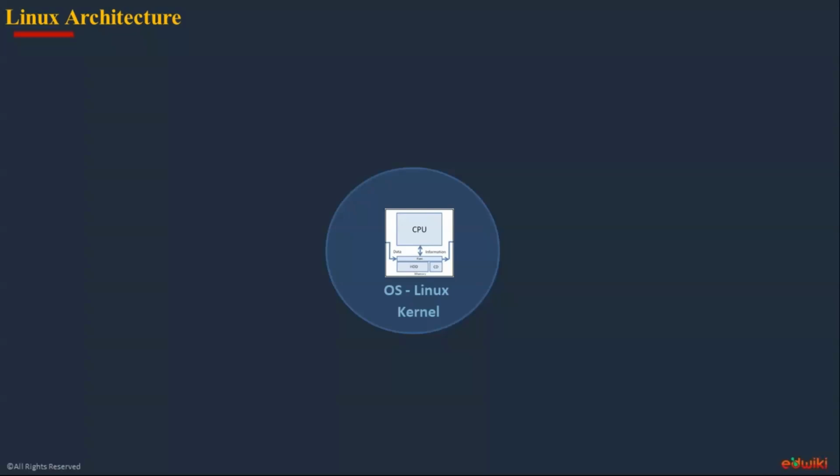So when I say Linux operating system, the operating system is a big piece of software. In it, the kernel is one of the primary, important software pieces. The kernel is the software playing the major role in the Linux operating system.